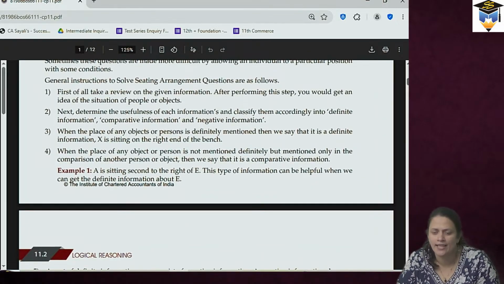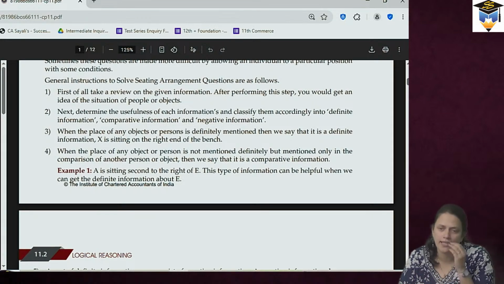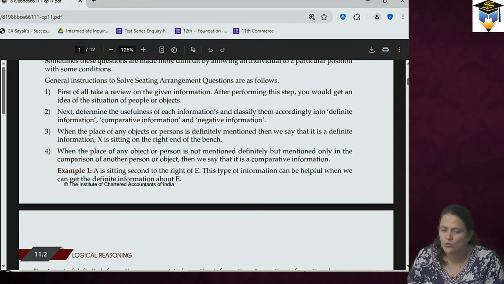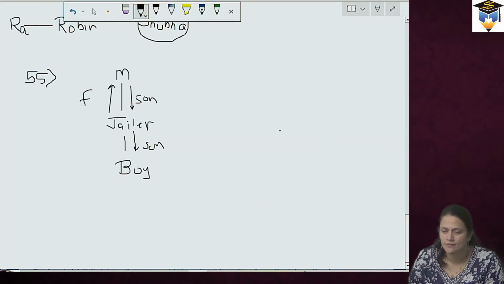A is sitting second to the right of E. Means how many people are there in this situation? One is A, second is someone, and third is E. Now A is sitting second to the right of E. Means who will be sitting first?